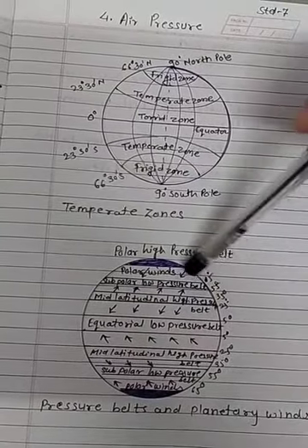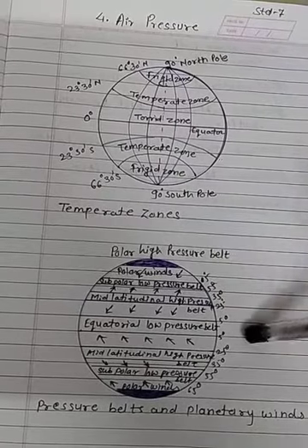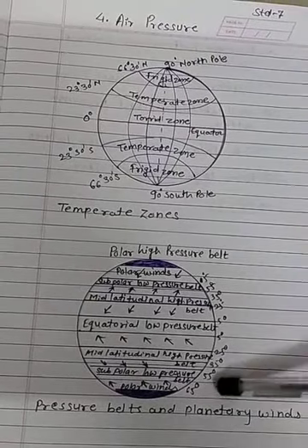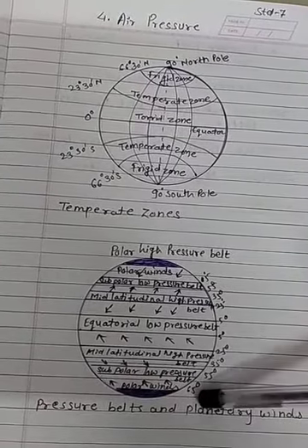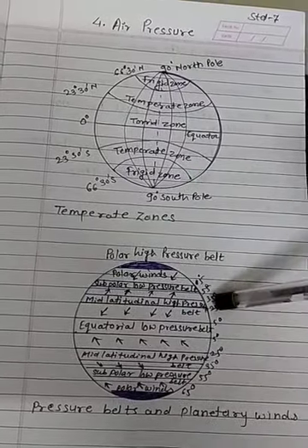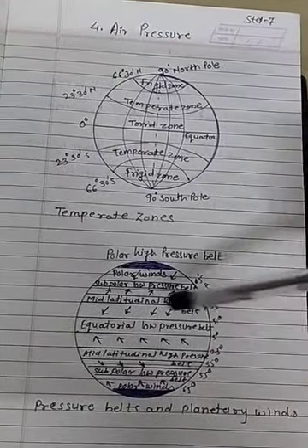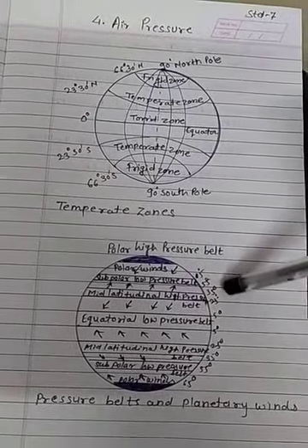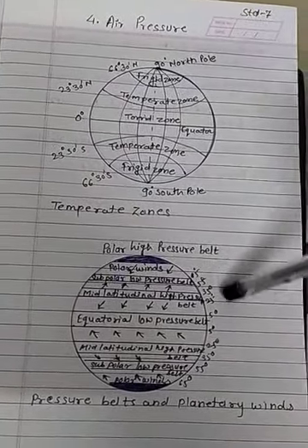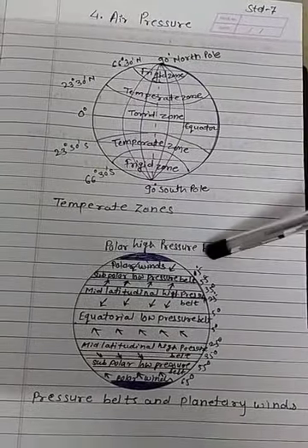Again it will be distributed into the temperature zones, which can be shown here, 65 degree, 55 degree, 35 degree. That means from the low pressure belt to the high pressure belt, the temperature is going to decrease. At the same time, from the low pressure belt toward the polar winds, the temperature is going to increase.